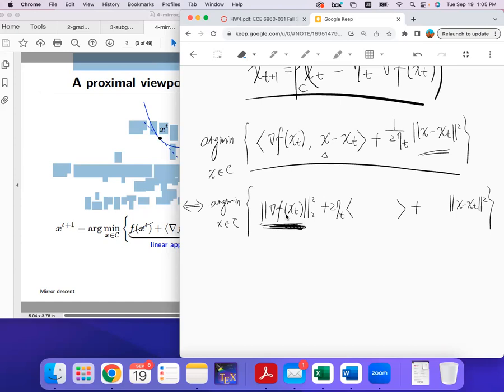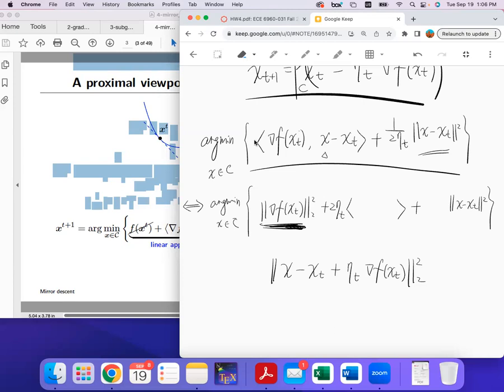Okay, and then this is a complete square. This is essentially x minus x_t plus eta t. You can check, right? You can just expand this one. You have the square term.